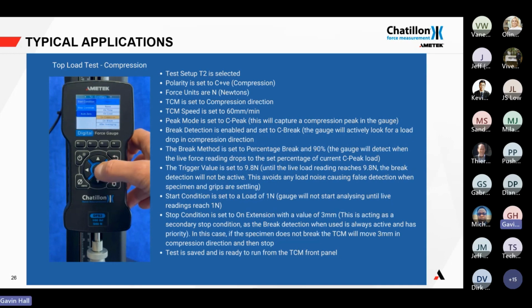The gauge won't start until a 1 newton start condition is reached, and we're going to set the stop condition to an extension of 3 millimeters. So this time it's a secondary stop condition, as break detection is the main test stop condition. But if the sample did not break, again to save time, we will only move to the set distance.